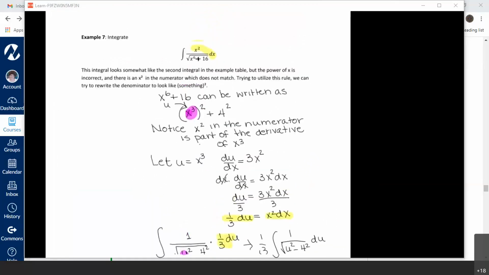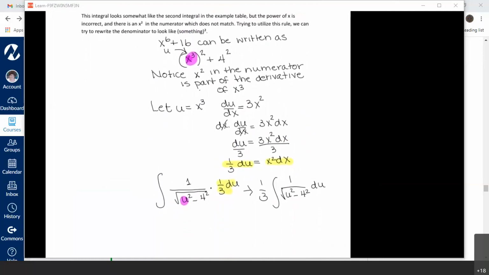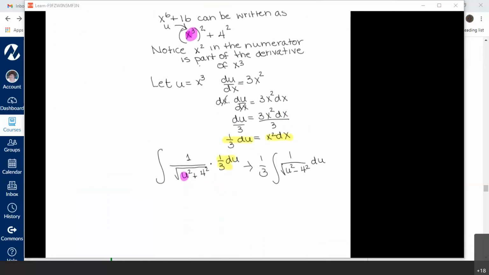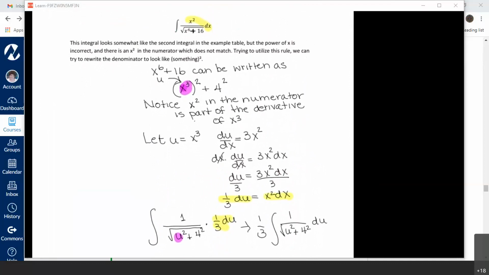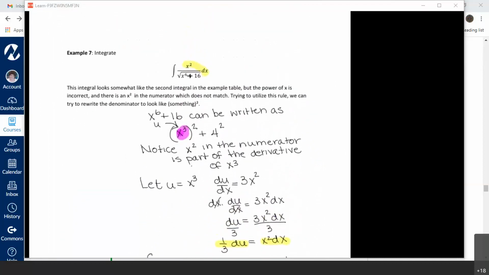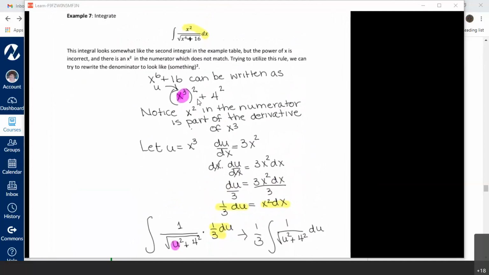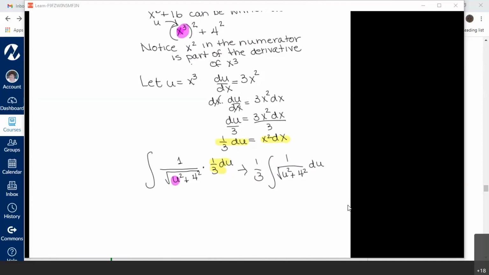In the example, I have a plus sign, you have a minus. So this should be a plus all the way down to match the pattern. There's a plus sign between the x to the 6th and the 16. So I haven't changed anything yet, I'm just fixing a typo in the original problem. This is a plus, this is a plus, this is a plus. Now this much matches the pattern.